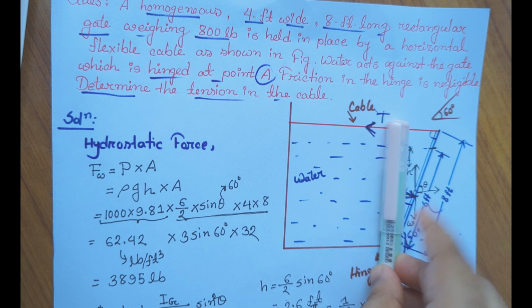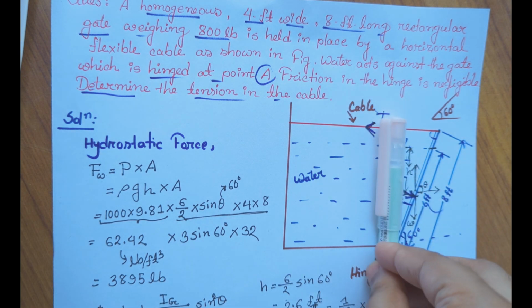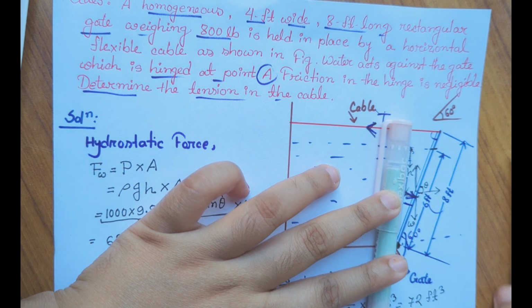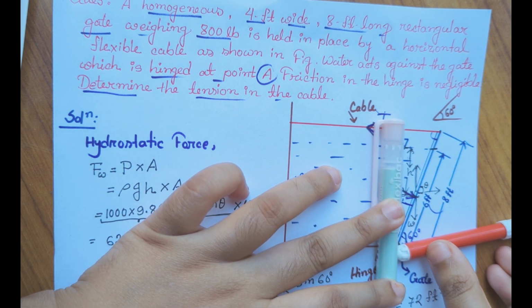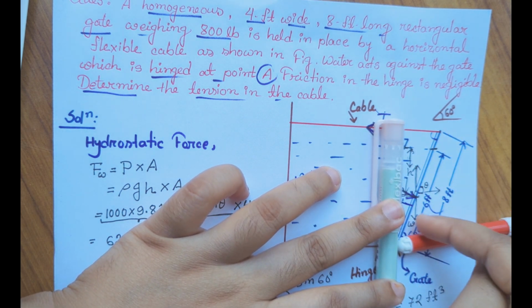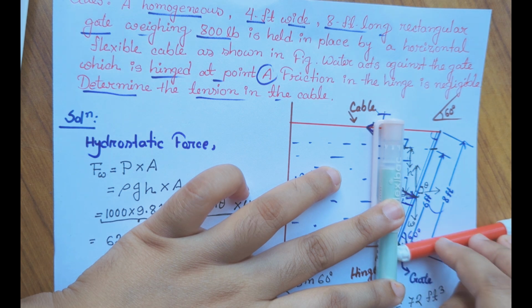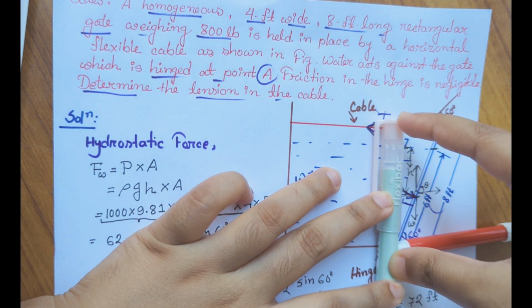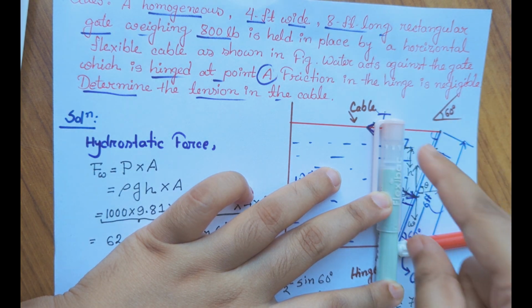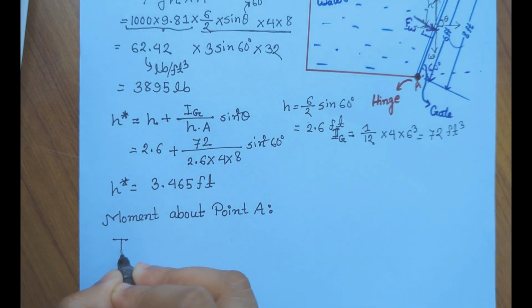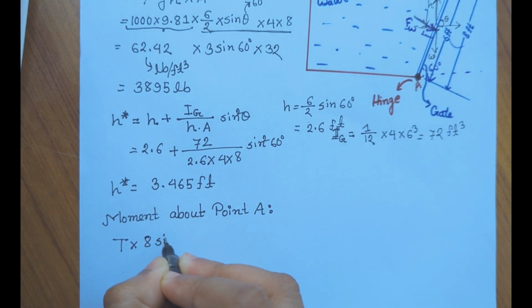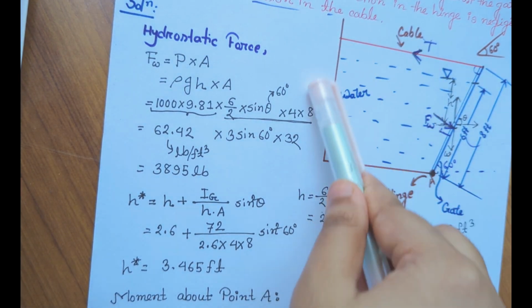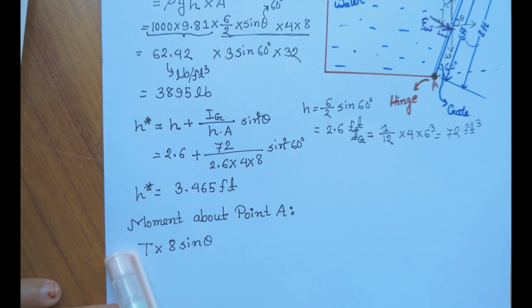As we know the angle theta is 60 degrees, if we divide this angle into horizontal and vertical parts, this portion will be cos theta and this portion will be sin theta. So we take this distance as 8 sin theta. So force T times distance 8 sin theta. As this is an anti-clockwise force, we take it as positive.